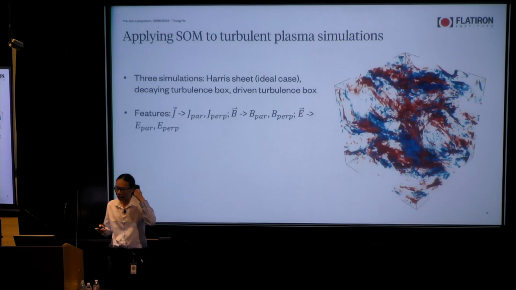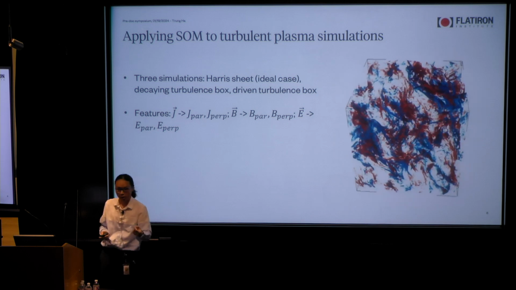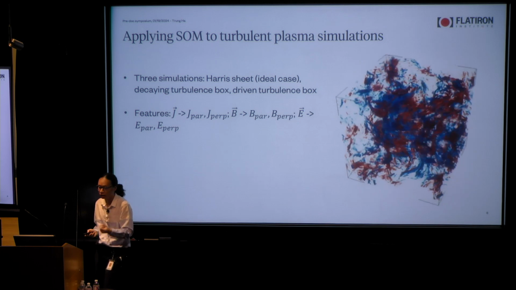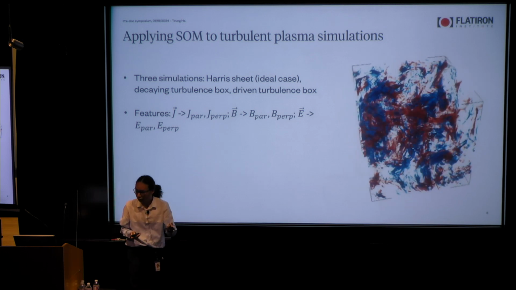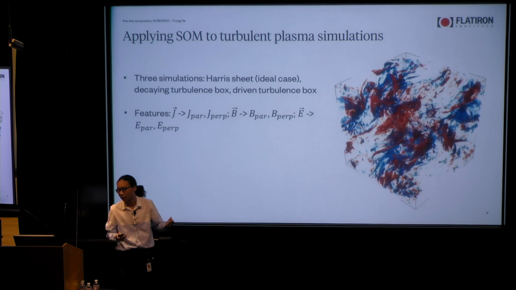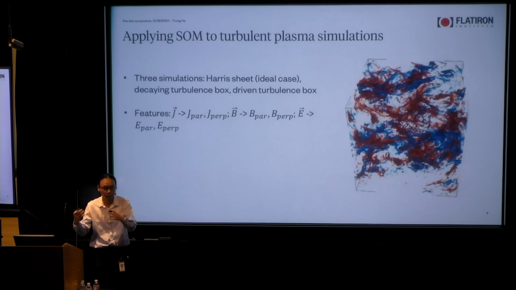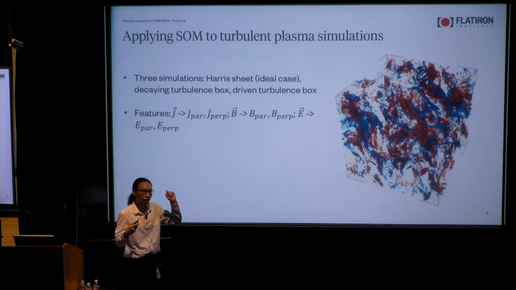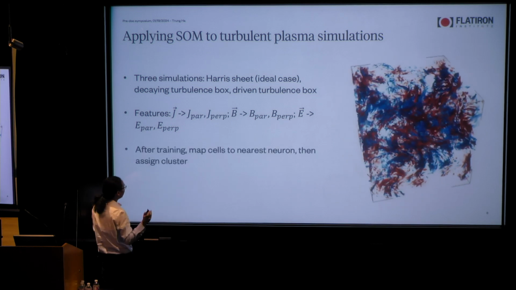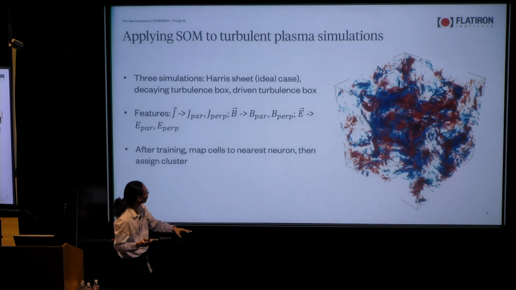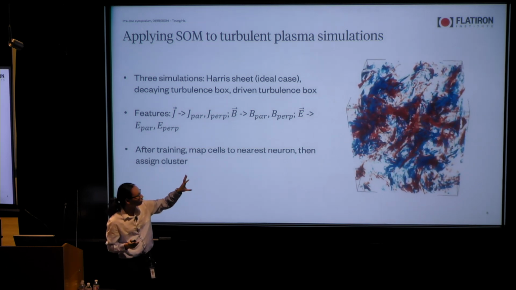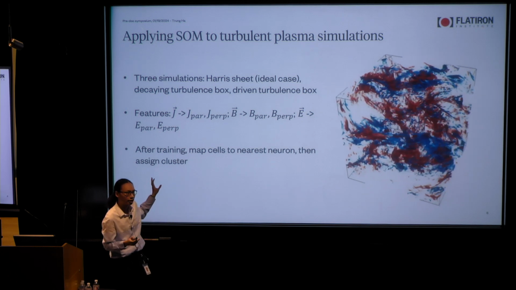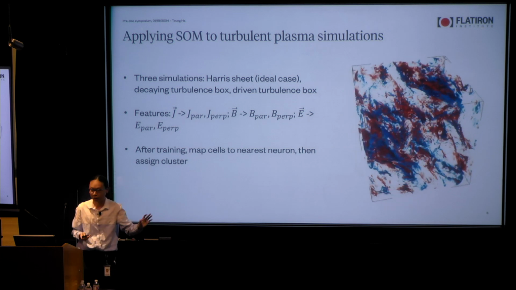We have 6 total features that we feed into this SOM: the parallel and perpendicular components of the current density, magnetic field, and electric field. By parallel and perpendicular, I mean parallel and perpendicular to the direction of the magnetic field. And then after we have finished training, we can map each cell in the simulation back to the nearest neuron, which then we can assign a cluster to that cell.